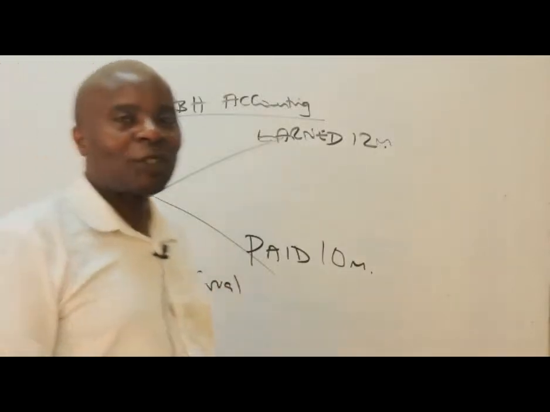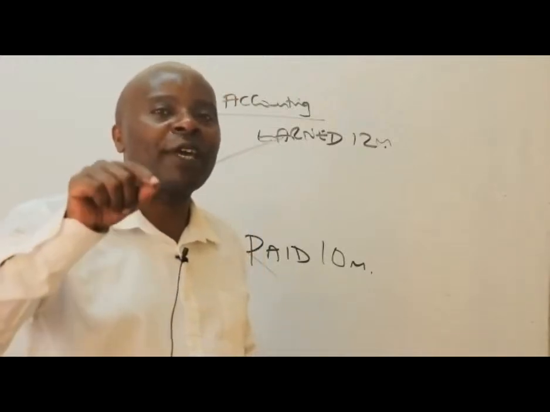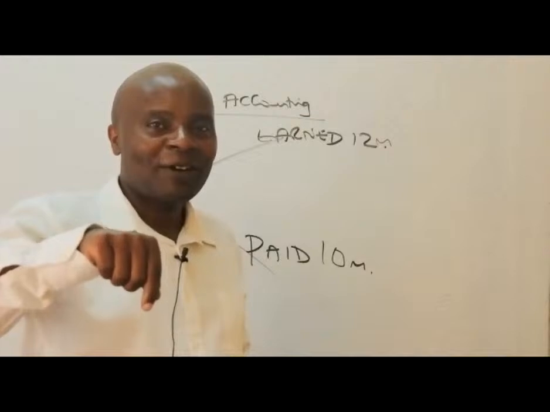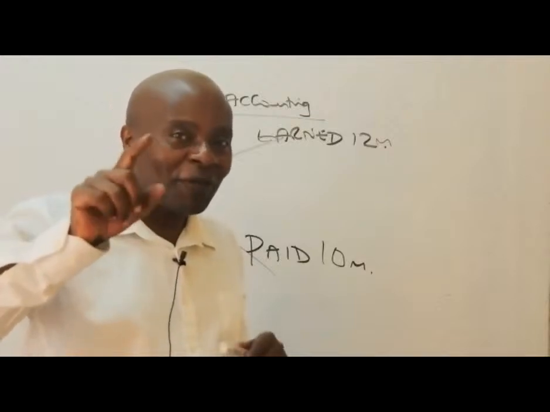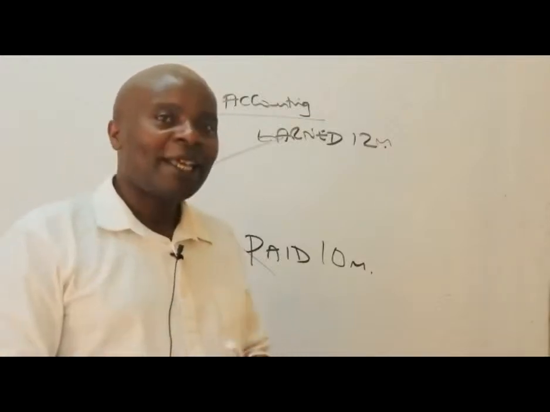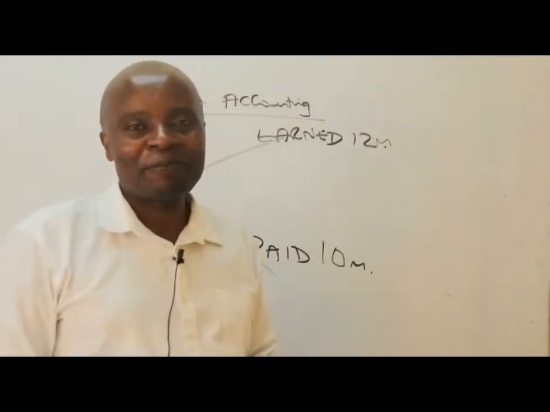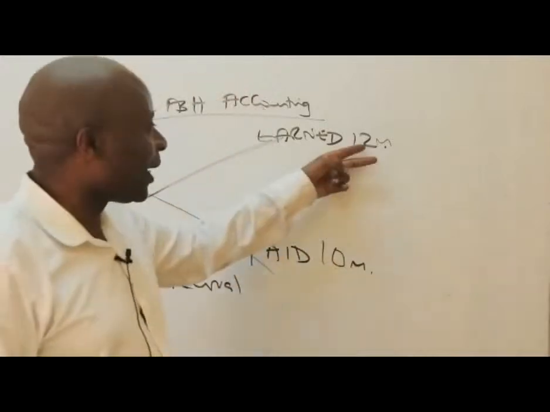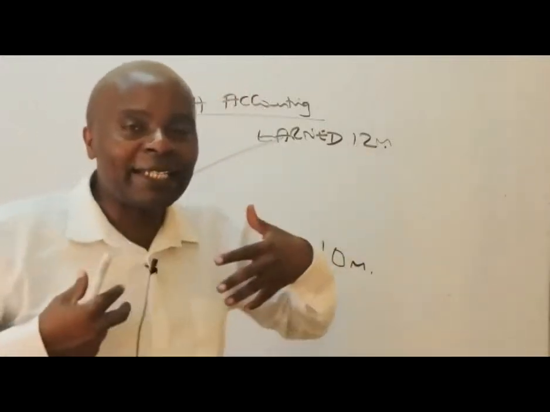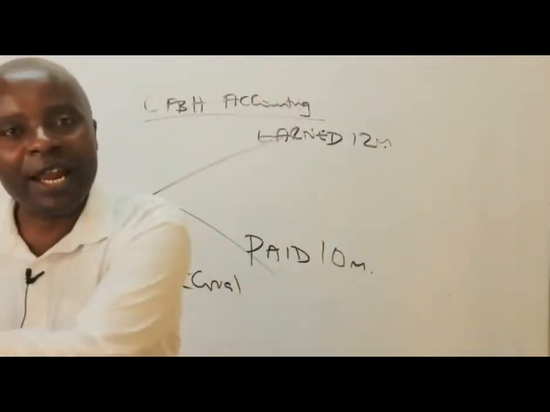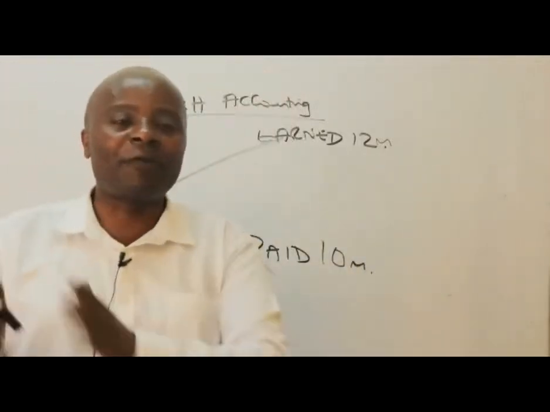These transactions, even if you have not been paid for them, like here, I've not been able to receive the 2 million extra, so long as I earned that money, I must accrue the figure and put it in the financial statement.